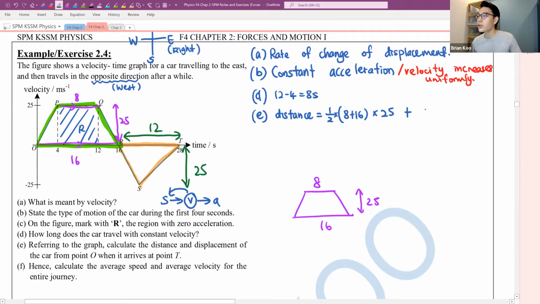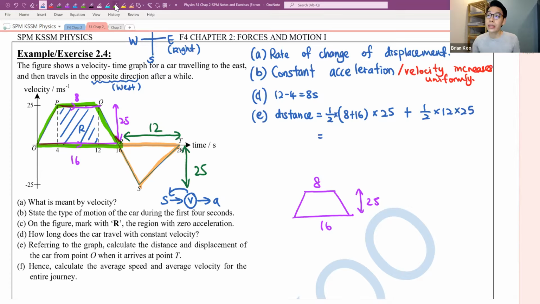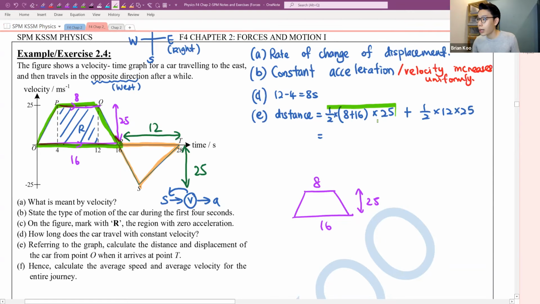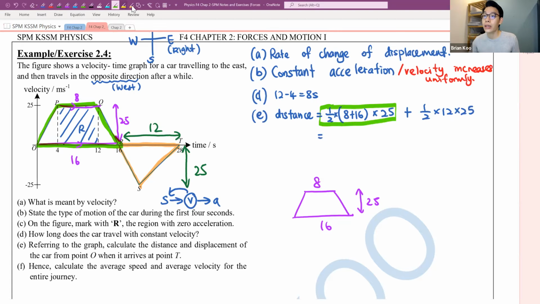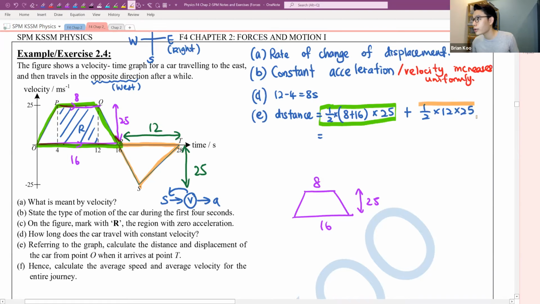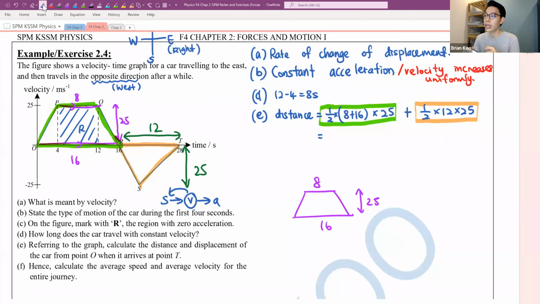So the area is 1/2 times base times height. Okay, 1/2 times base times height. So you calculate this part, this is the green color part. And you calculate this orange color part, to find out how much the car has traveled.